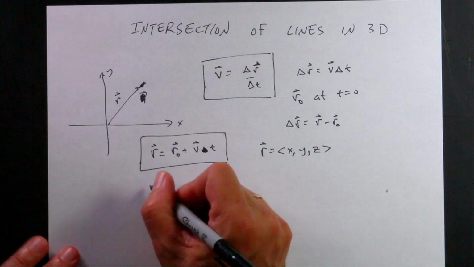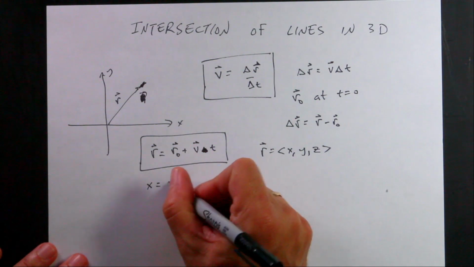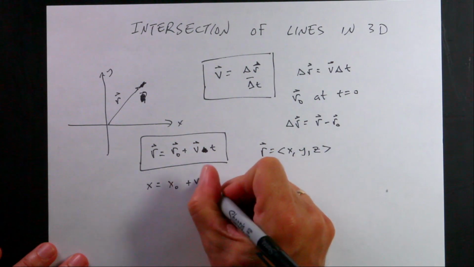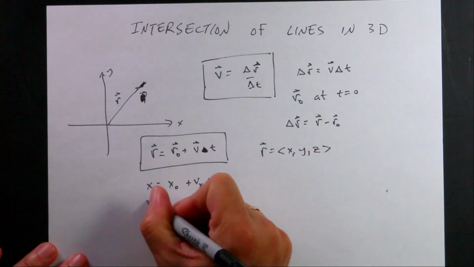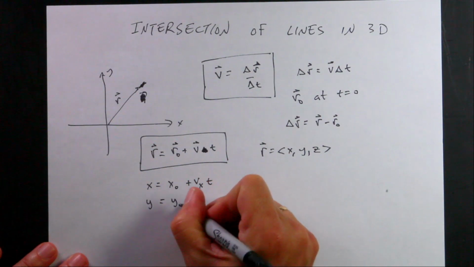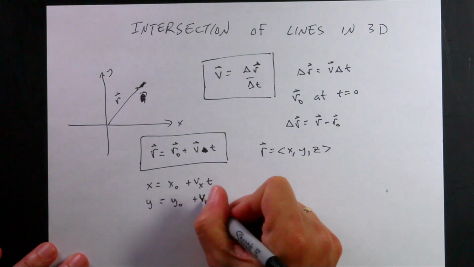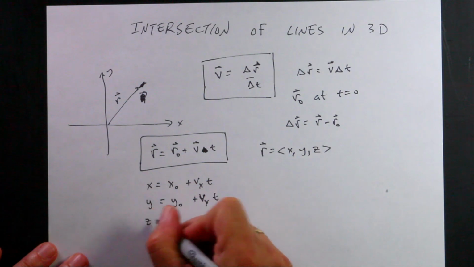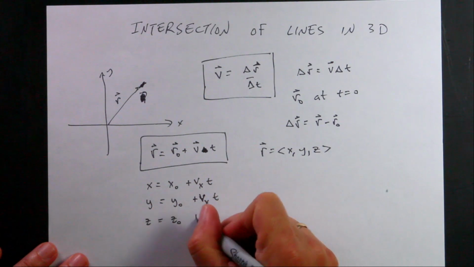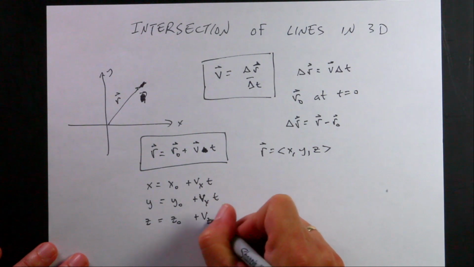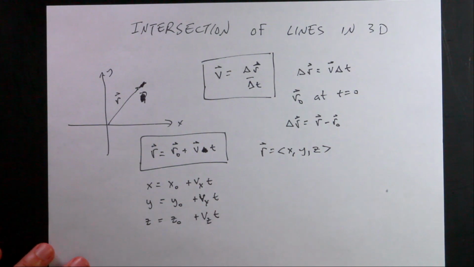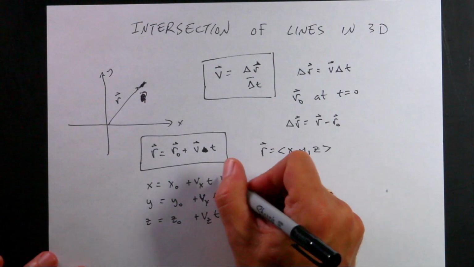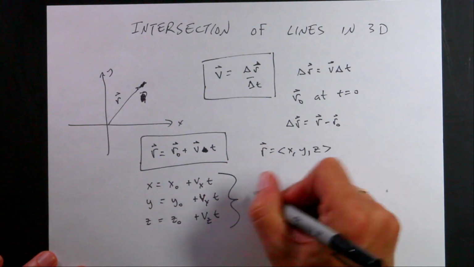So I can write this as x equals x0 plus vx t, y equals y0 plus vy t, z equals z0 plus vz t. Those are my three equations, and these are actually parametric equations.